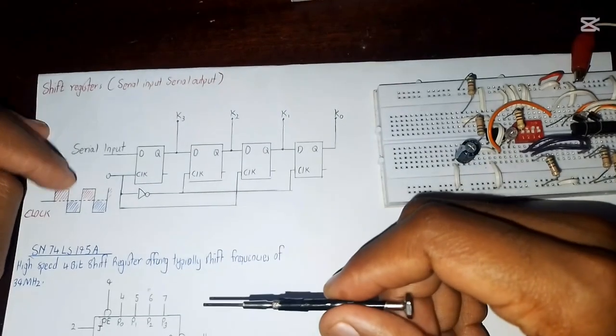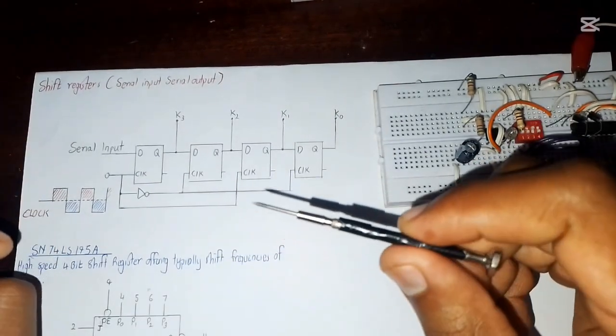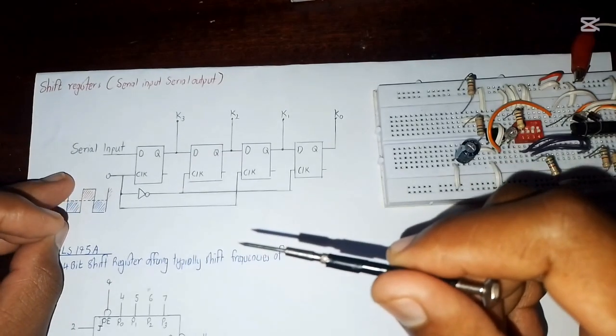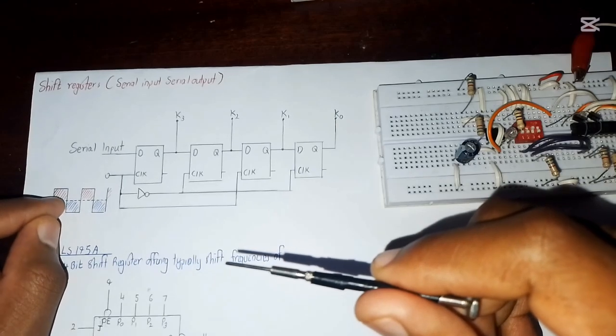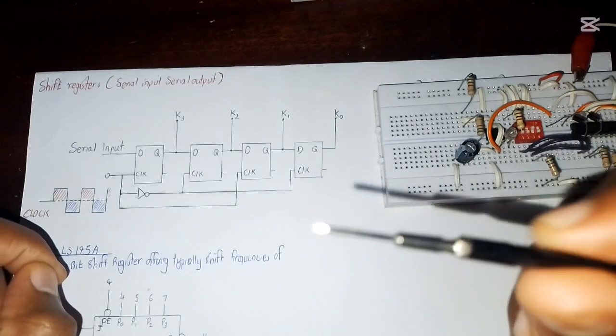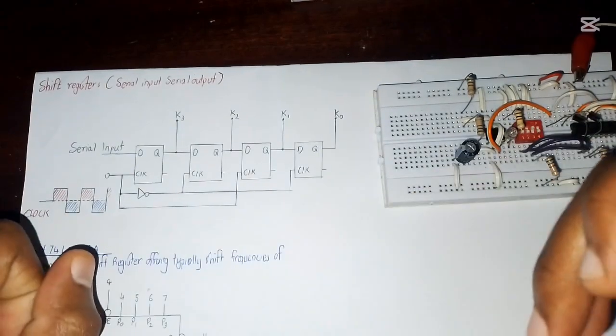Last time I explained that for a shift register to operate the way it does, it has to process data either in the rising or the falling edge of the clock signal. So either in the rising or the falling edge, there has to be a flip-flop which is enabled for the data to shift from one point to another.